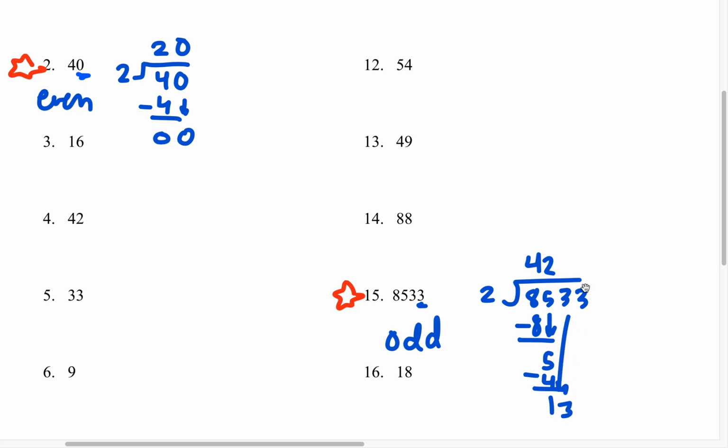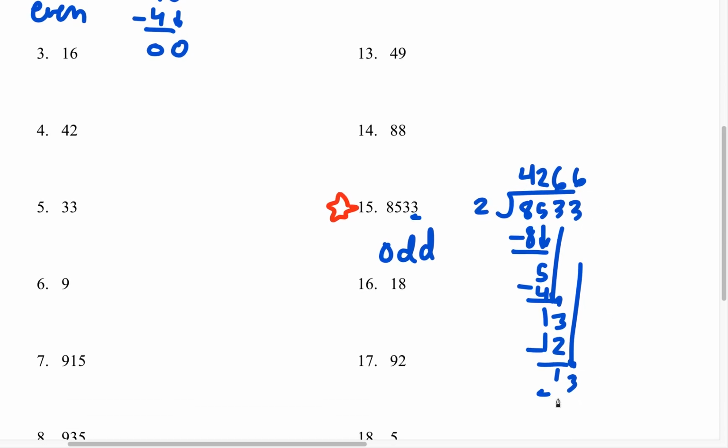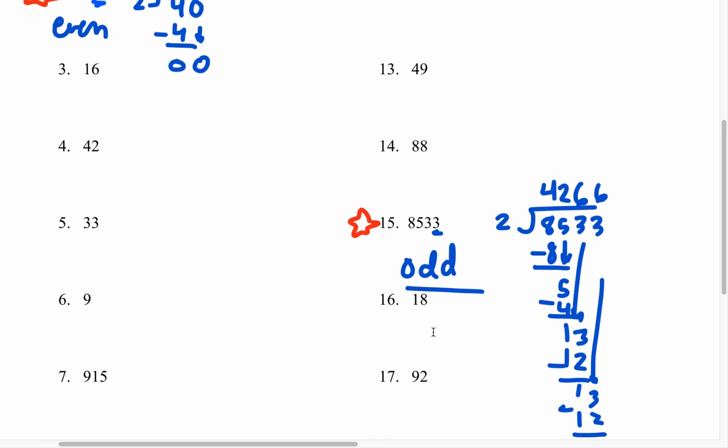Drop this down. 13. 2 can't go into 13 evenly because it's not even. So the closest is going to be 6, which is 12, and so on. So if there's a remainder, that means it's odd. Okay.